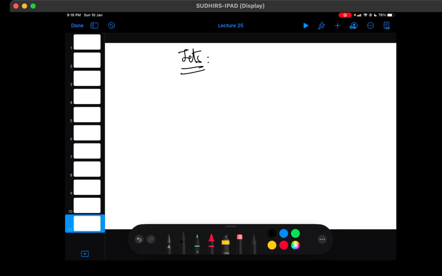Let's consider a process which we considered earlier: E plus E minus going to a photon. The photon goes to two quarks, say a quark of some color, a quark anti-quark pair.